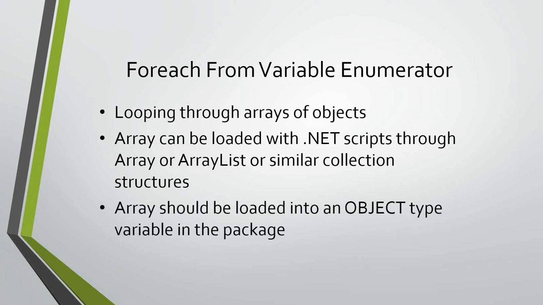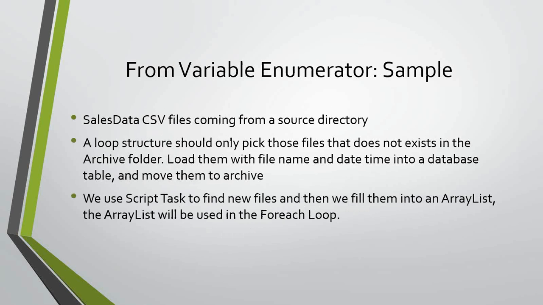It should be an object type variable, and then you can loop through that object type variable. For example, as a sample, I'm not showing this as a demo here, but you can download the video for this sample from the link at the end of the slides.